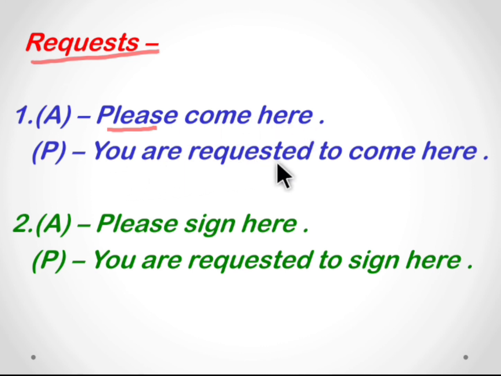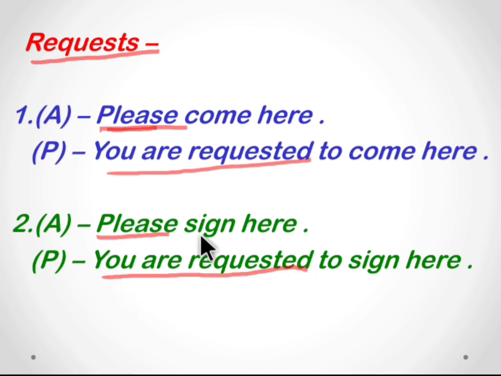You are requested to come here. So instead of please, we use you are requested to come here. Next sentence, please sign here. Since it is please, you are requested. And sign becomes to sign, and here you are requested to sign here.